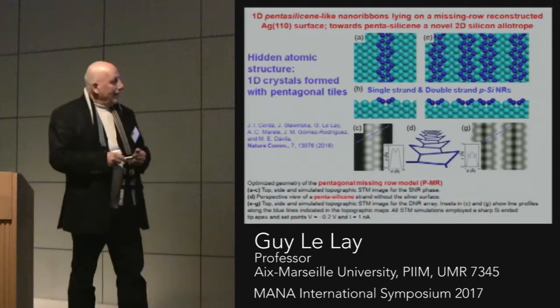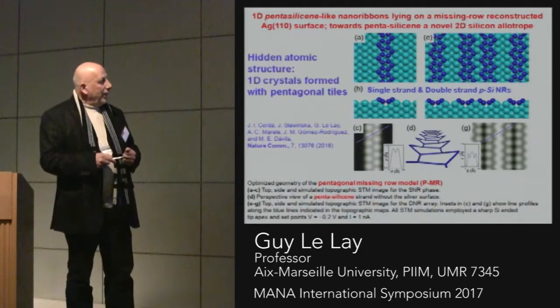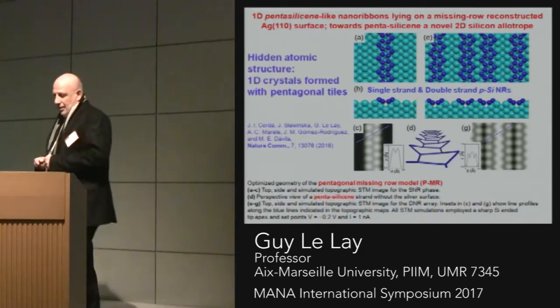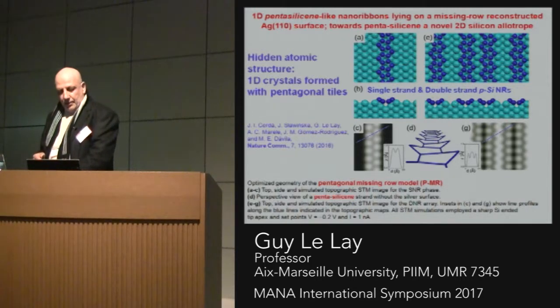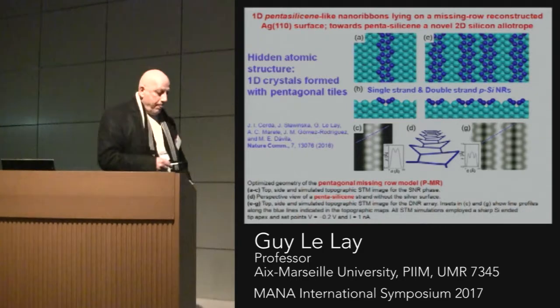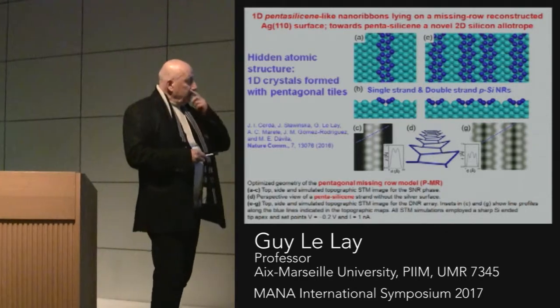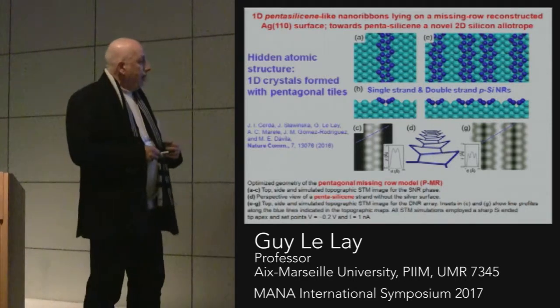You see here the simulated STM image. And by the way, I should mention that a recent paper in PRL has just confirmed this structure by surface X-ray diffraction at the synchrotron radiation facility in Grenoble.